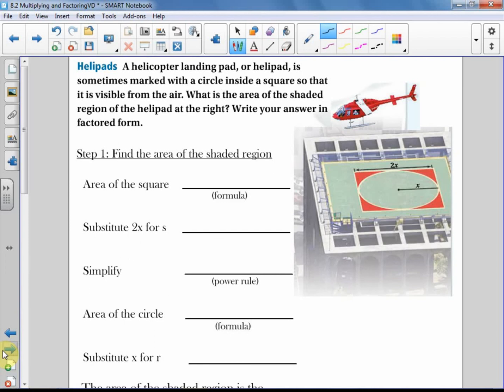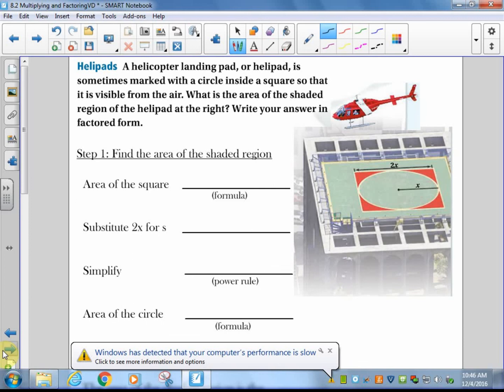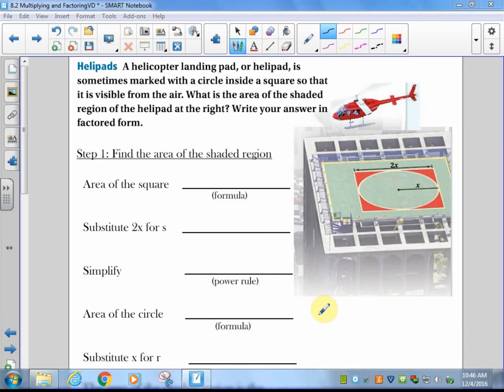Next, we're going to get into a word problem, your favorite. This word problem is rather large, so we're going to walk through it together. We're talking about helipads. These can be found perhaps on top of hospitals or rather large buildings.